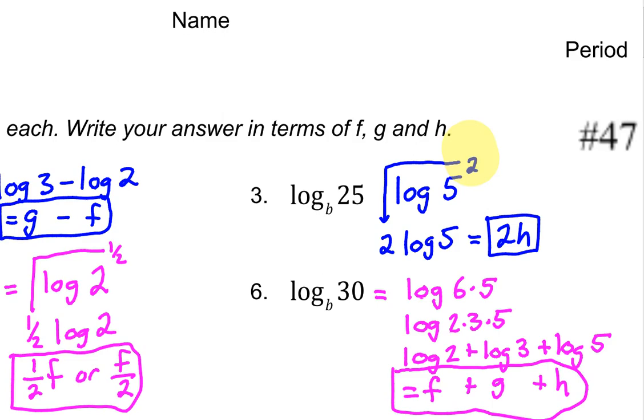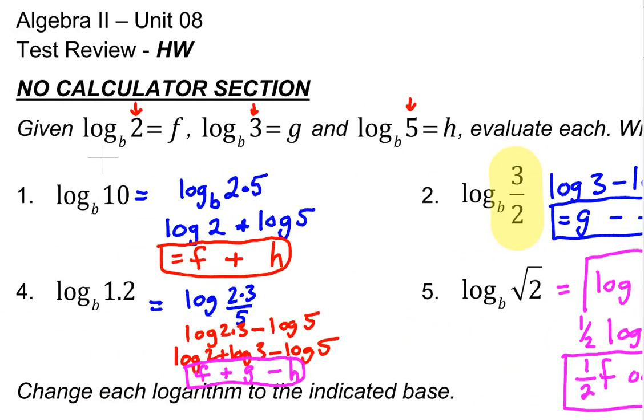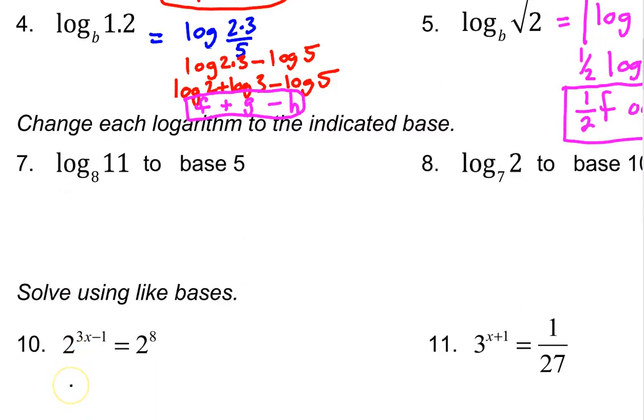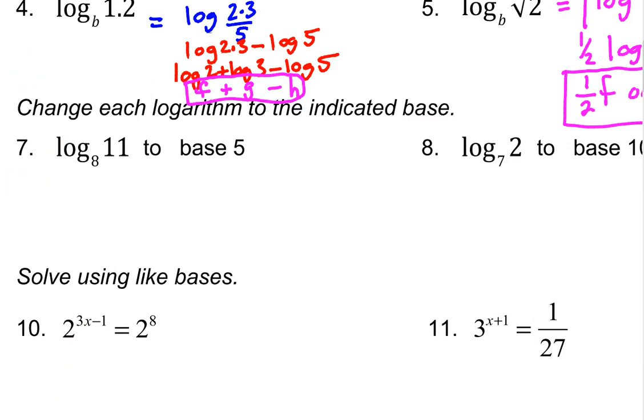All right, let's move on to the next section of changing bases, which is really a skill you use when you're using a calculator. So if you want to find out what the number is here, 8 to what power equals 11, in a calculator, you would type in log of 11 divided by log of 8. Right?